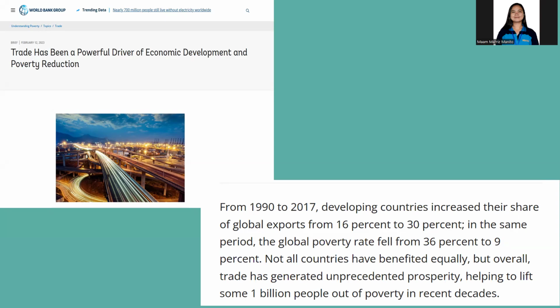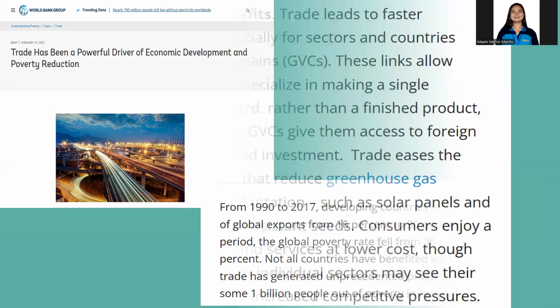But even if there's trade, not all countries have benefited equally. But overall, trade has generated prosperity, helping to lift around 1 billion people out of poverty in recent decades.